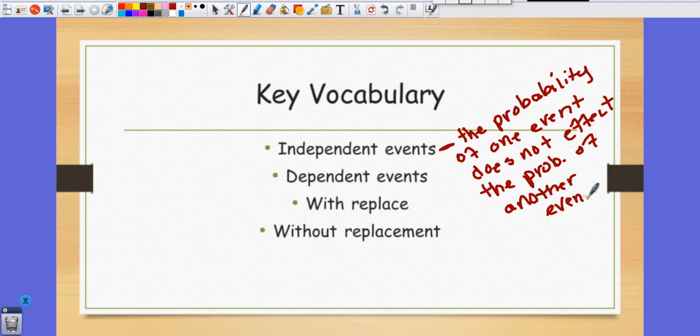So if you have something going on in an experiment, and let's say you have two or more events going on, the probability of one event doesn't affect the probability of the other event, then those two events are independent.